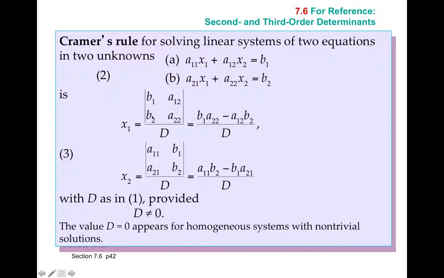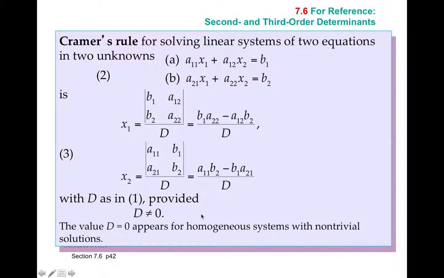So we substitute B1 and B2 here. We take the value of that determinant over the value of D, and that will get us x1. To get x2, we would substitute the B vector into the position of the matrix where the coefficients would multiply x2. Divide that by the value of the determinant D, and we'll then get the solution for x2.